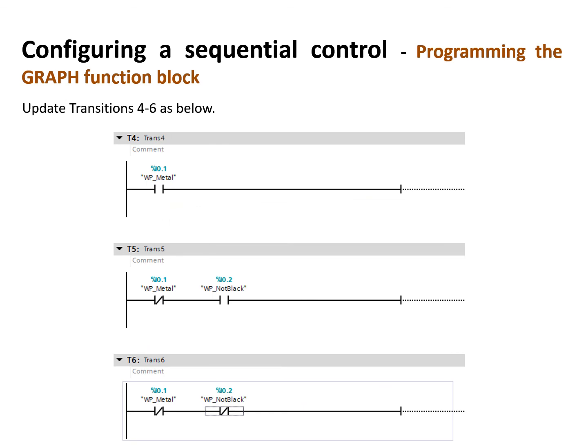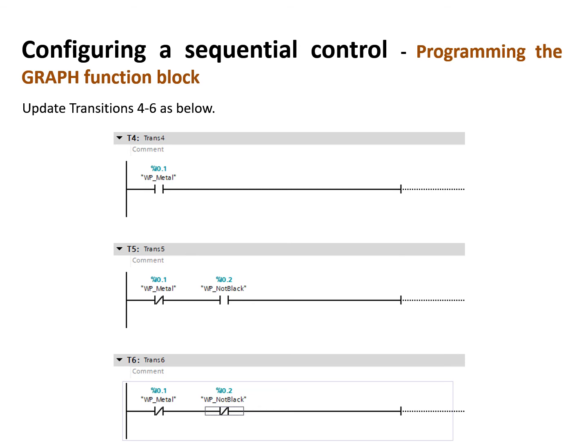Update transitions 4 to 6 as below. For transition 4, if the part is metallic, then this sensor is true. If the part is not metallic, then in the next branch, we need to see if the part is not black.